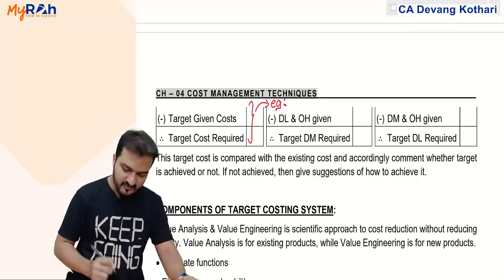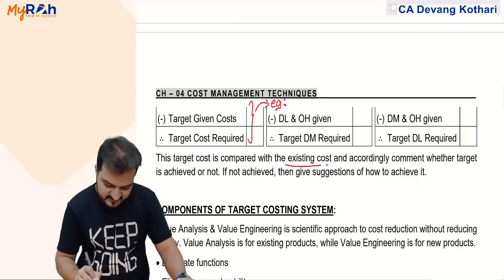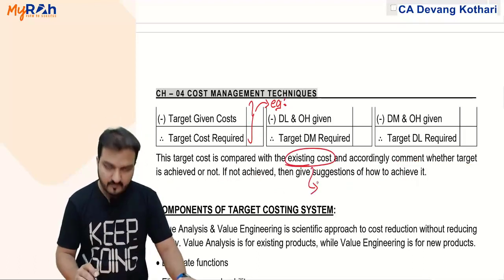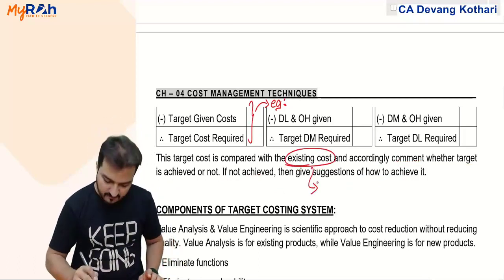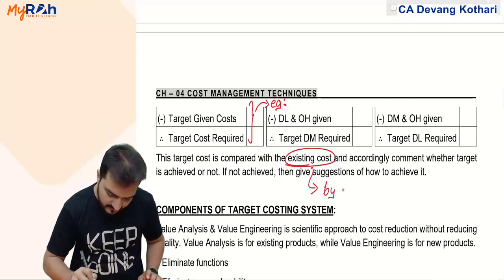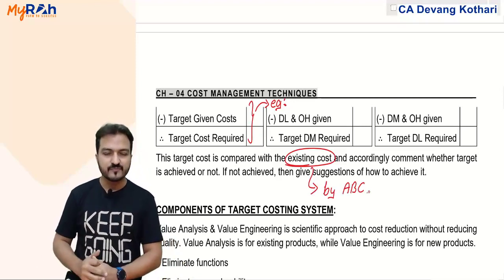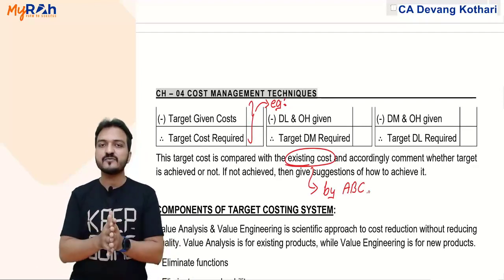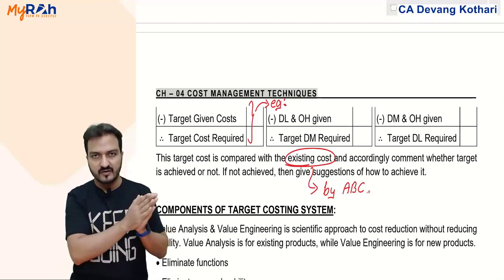Within that also, existing cost or actual cost might be determined by the activity based costing method. Look, activity based costing is something that you have learnt in your intermediate level.